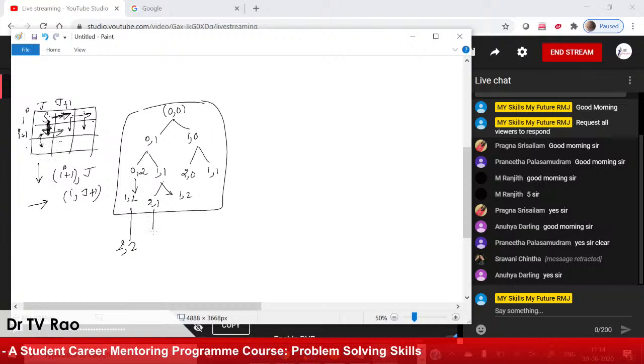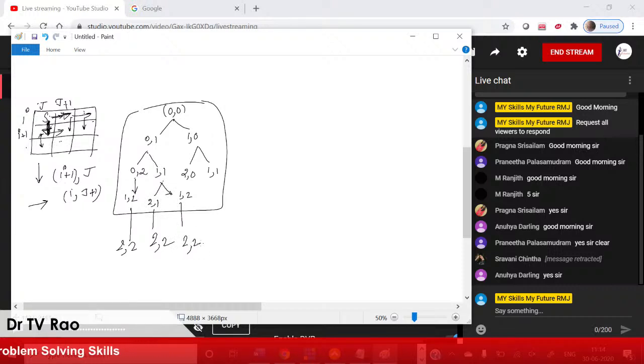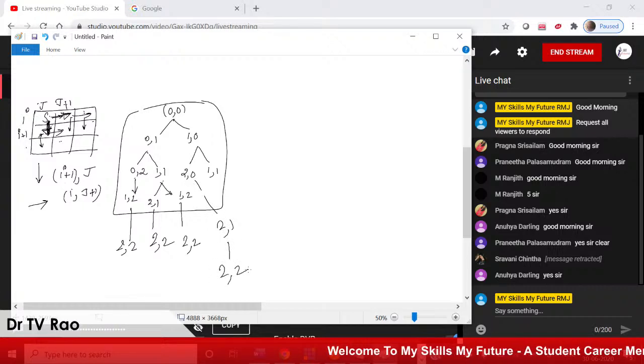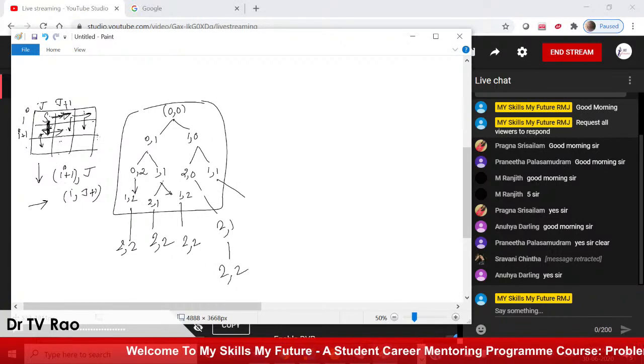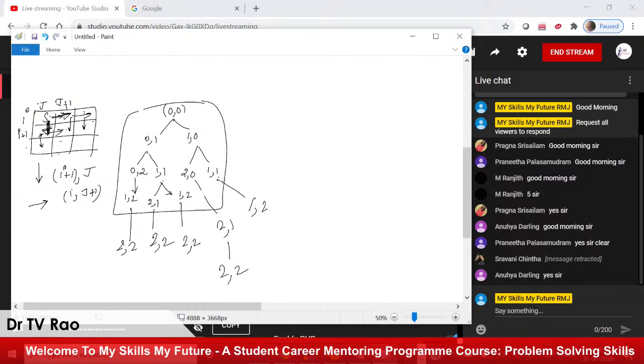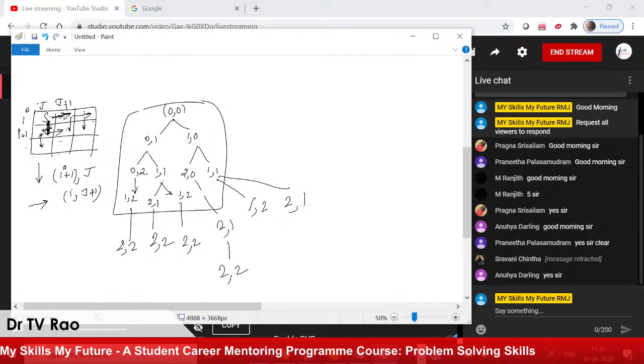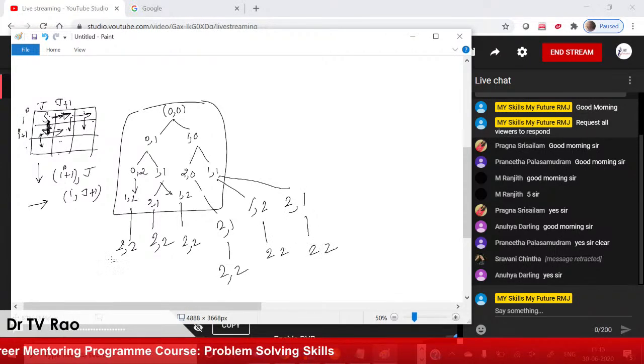From 2 1 you can go to 2 2. Okay, from 2 0 you go to 2 1. From 2 1 you go to 2 2. From 1 1 you can go to 1 2 or 2 1. From 1 2 you can go to 2 2. From 2 1 you can go to 2 2. Okay, so there are 6 possible ways.